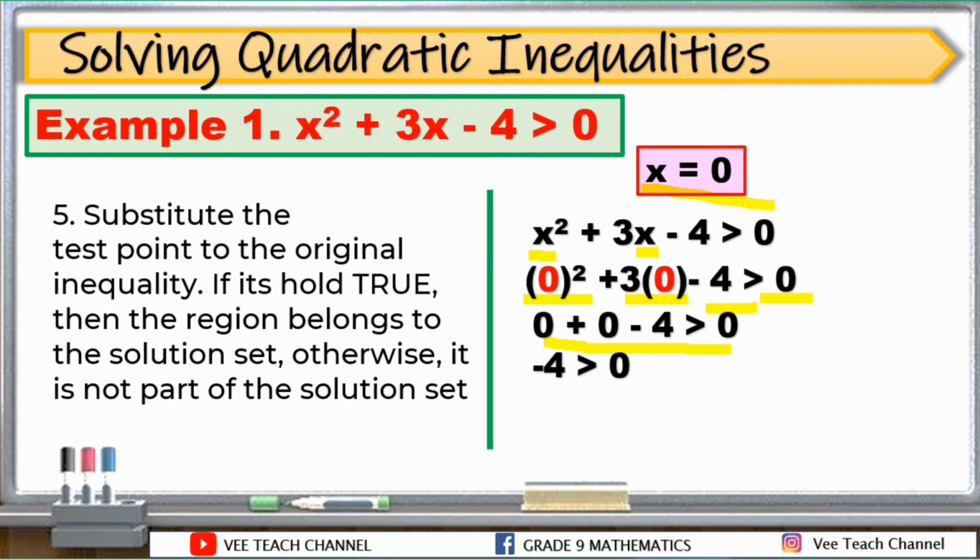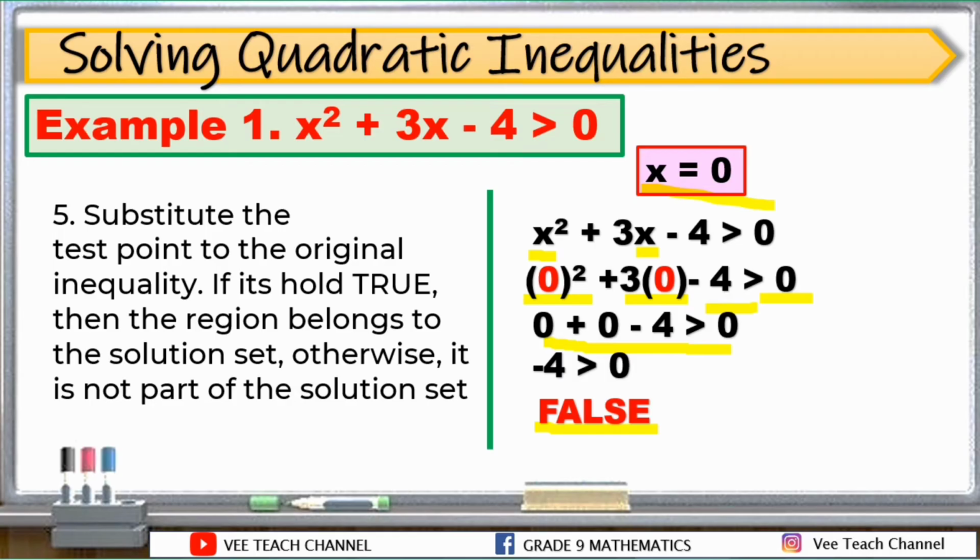The answer is negative 4 is greater than 0. Is it true or false? It is false. Negative 4 is not greater than 0. So, ibig sabihin, yung pangalawang region natin is not part of our solution set because we have false here.